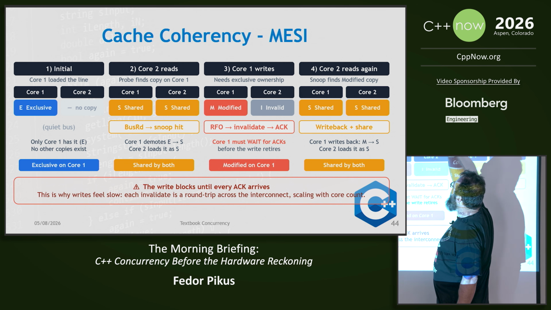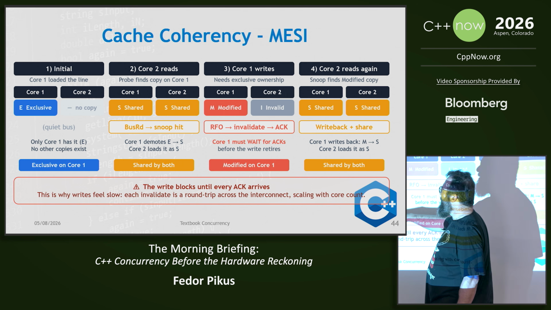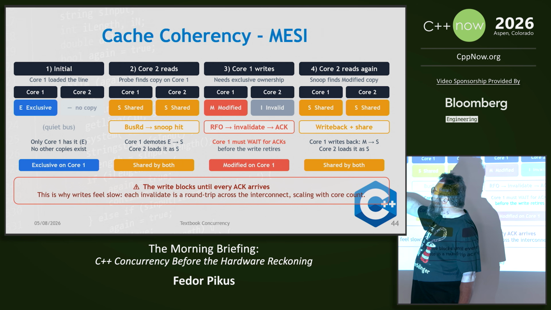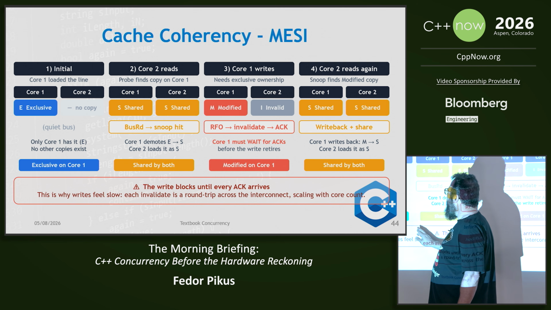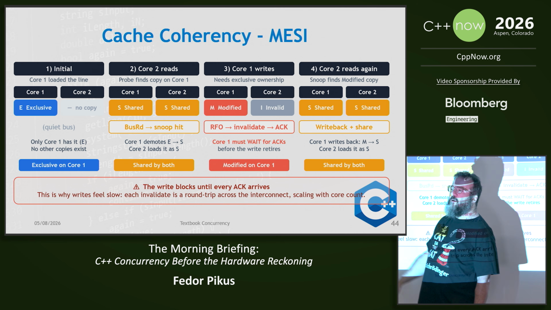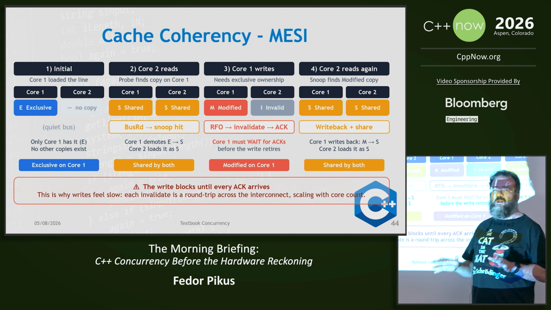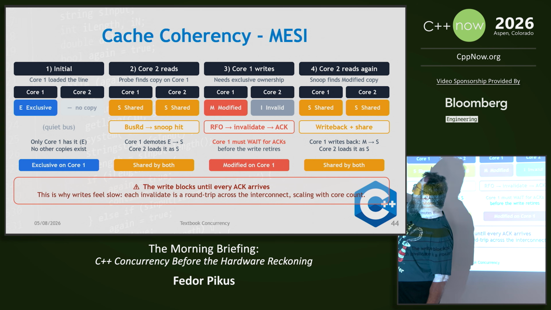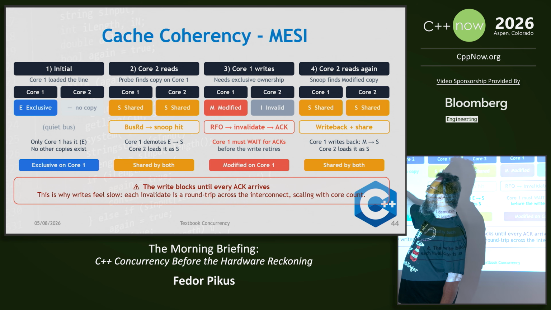The letters stand for the four cache states in the protocol. So we are in our initial state. We loaded this cache line into core 1's L1 cache because this was the first time anybody ever read it. It's exclusive to core 1. The cache line is in the E state.